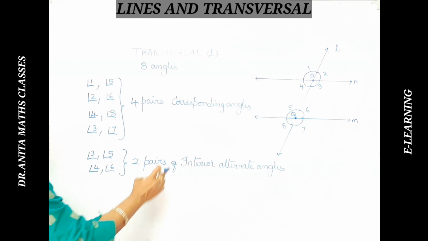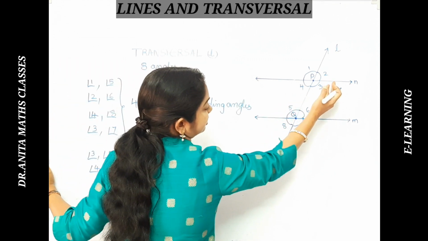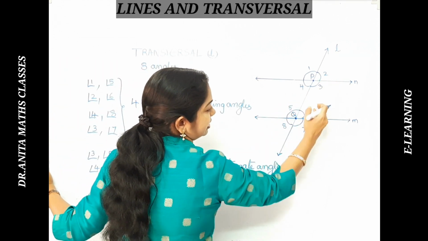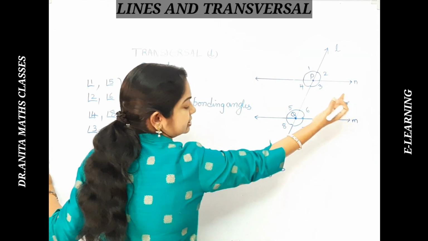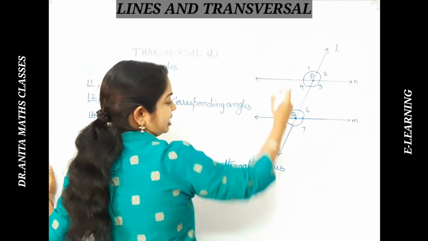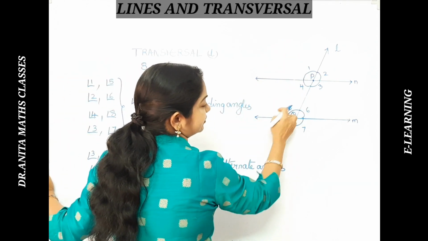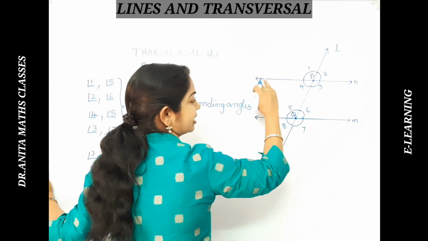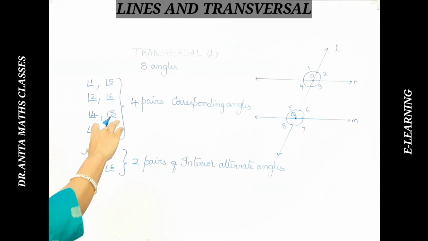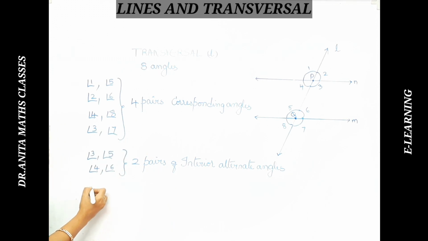Now let us define another pair. If you see angles 3 and 6, these are also interior angles, but on one side of the transversal. This L is the transversal. Angles 4 and 5 are also interior angles, on the other side of the transversal. So we take angle 3 and angle 6, and angle 4 and angle 5.